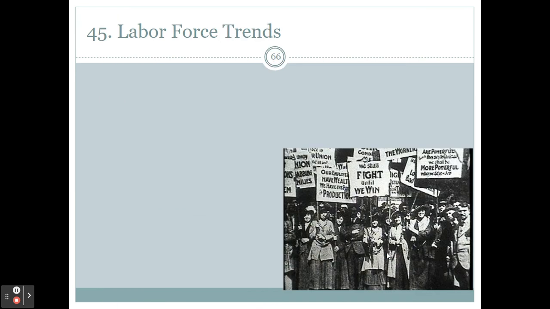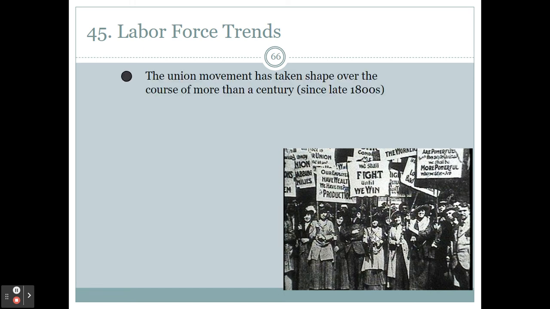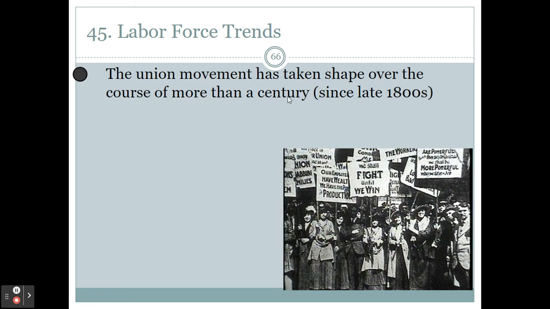All right. Labor force trends. So you notice as women were fighting for suffrage, there was also this desire for a place in the workforce as well as fairness in the workforce. And it really started since the late 1800s as the corporations were at their most powerful.